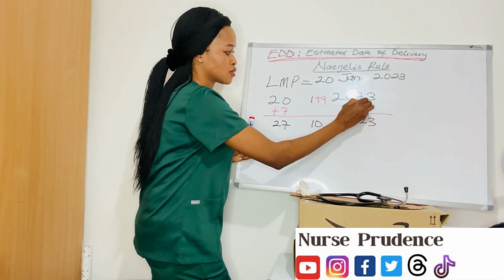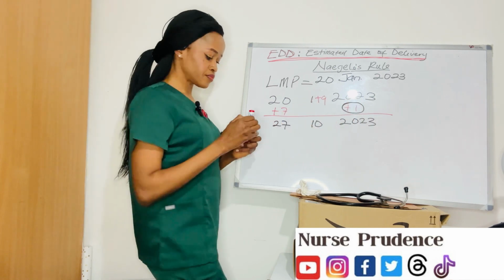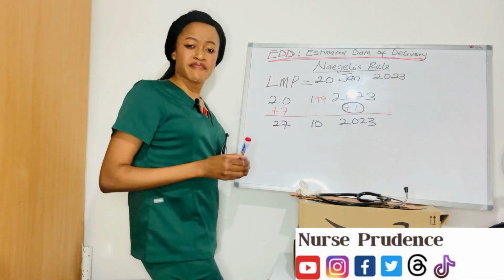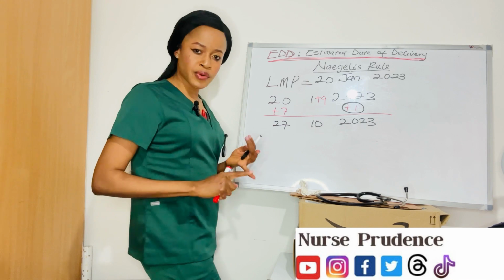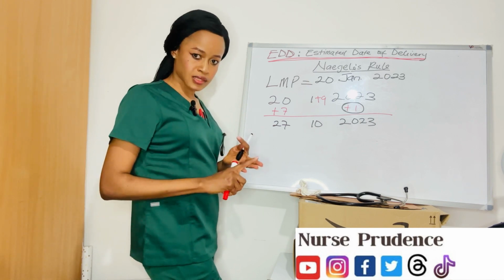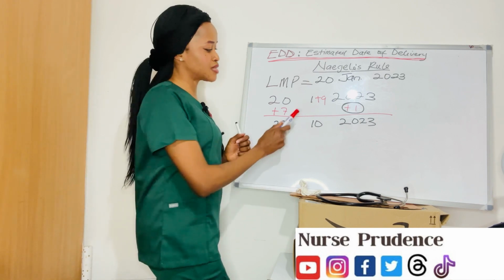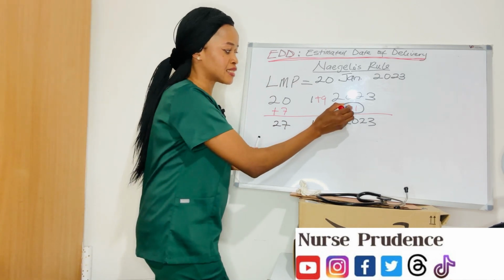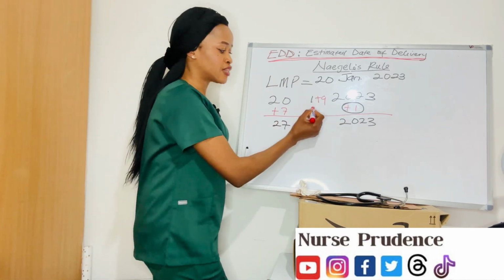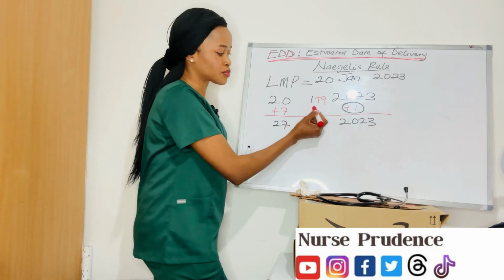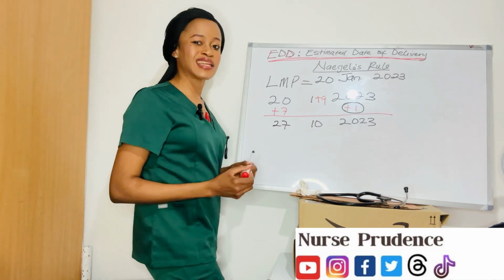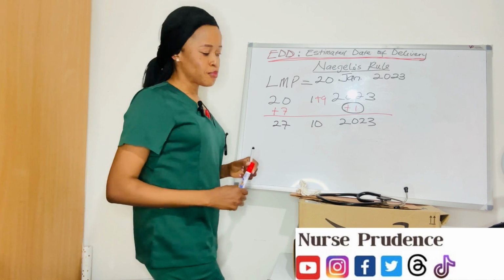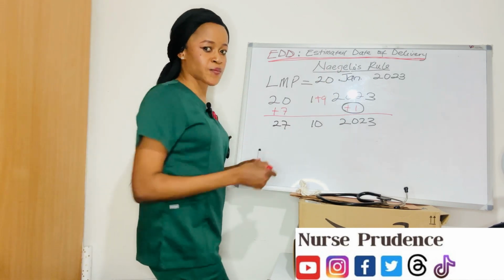Now, let me tell you something from this. I just wrote this thing to draw your attention. Whenever the month is January, February, March, or whenever you are making use of this method of plus 9, you do not add this. There is no addition or subtraction in the month and the year, because it will still be the same year.